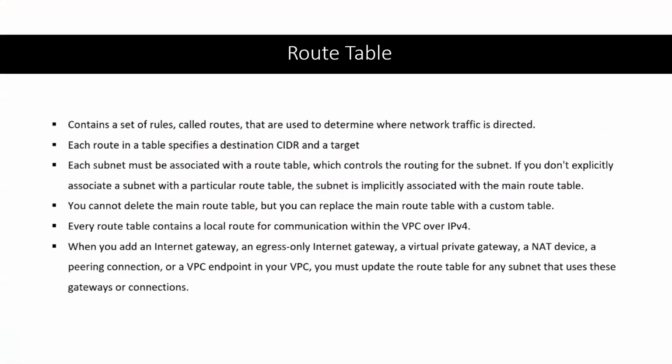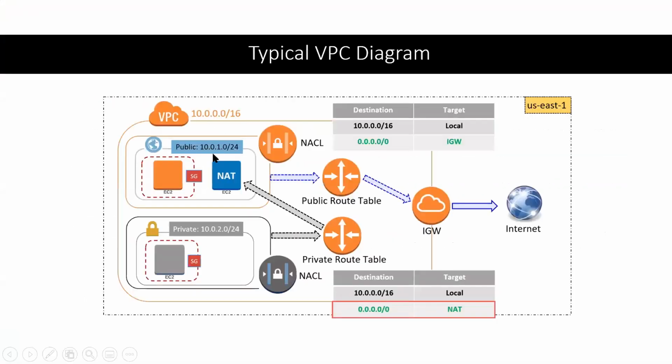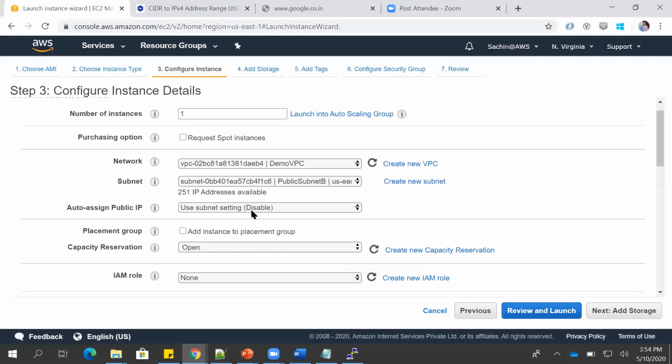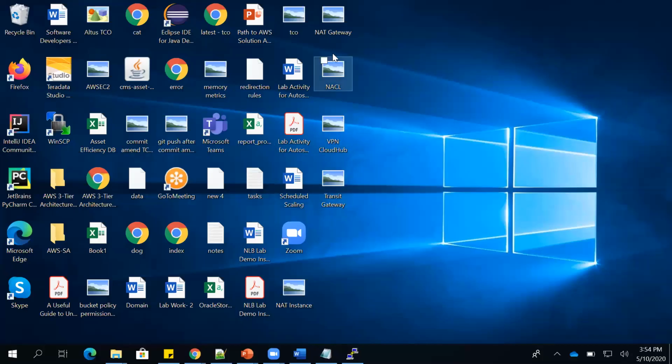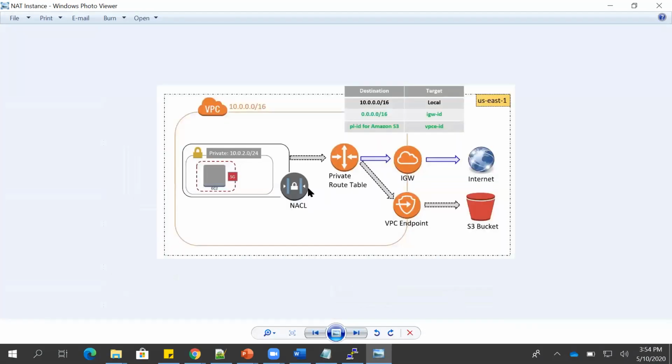Again, take a look at this diagram. Just take a look at this particular part. Leave all this NaCl, just forget NaCl and think about this diagram. Rather, I have one more diagram for that. So you were asking about which subnet the NAT gateway should be connected to and not hosted on.